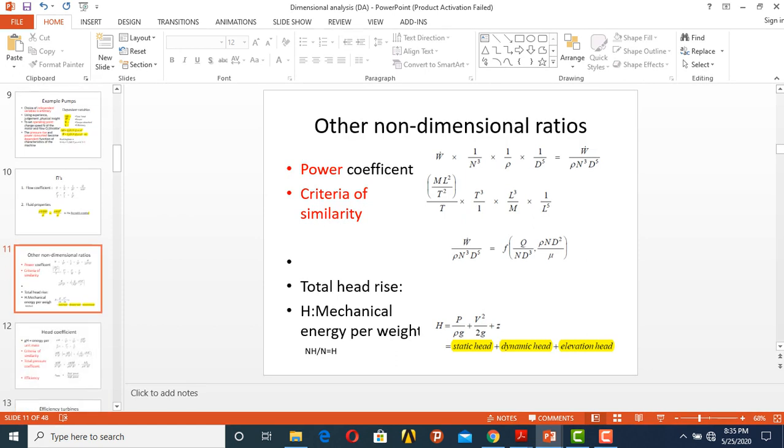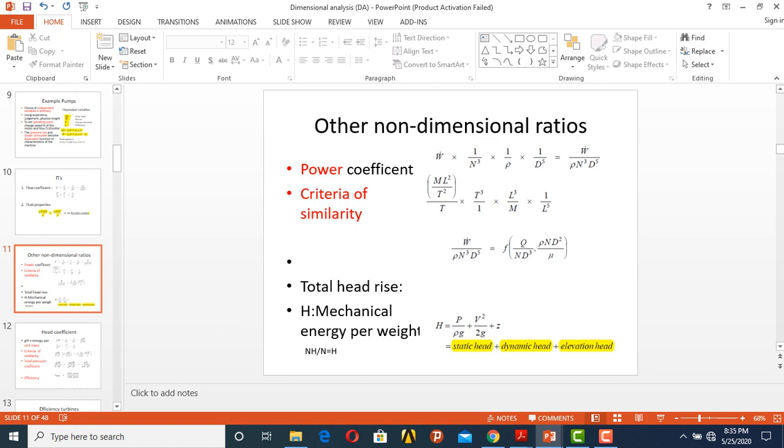The other non-dimensional ratio that is involved is power. The power coefficient in this case will be the power over the density multiplied by the cube of the rotational speed as well as the diameter raised to power 5. The criteria is the same as I demonstrated in class. That's how we go about finding these non-dimensional ratios.